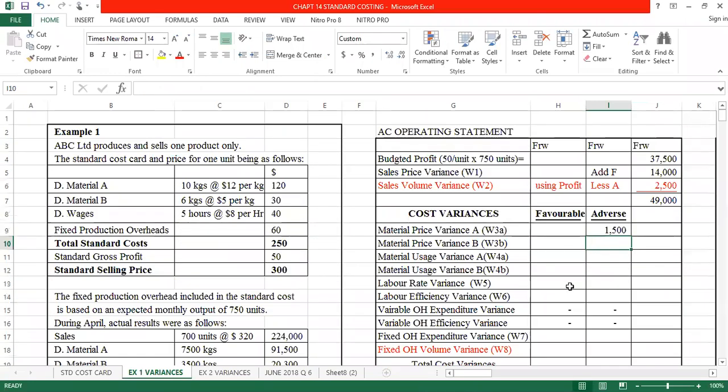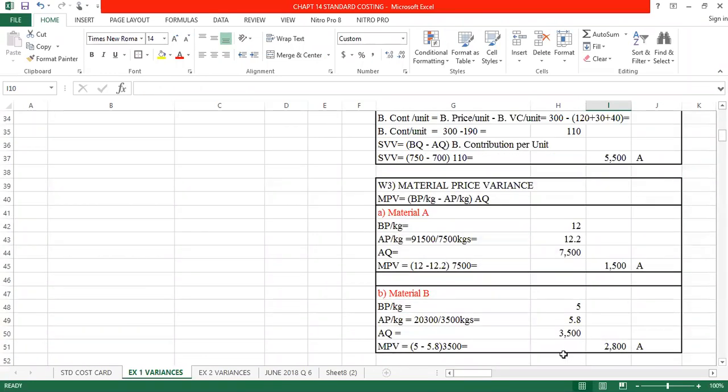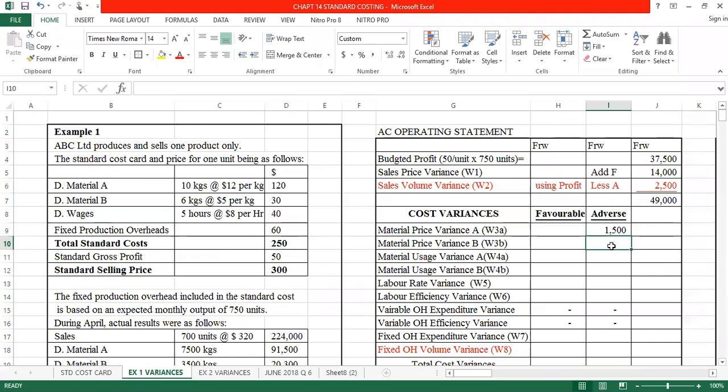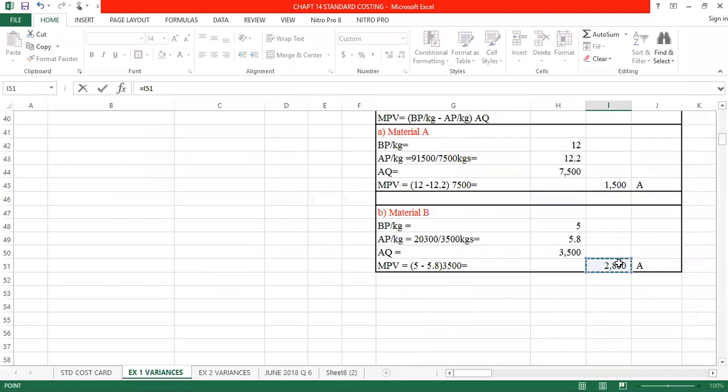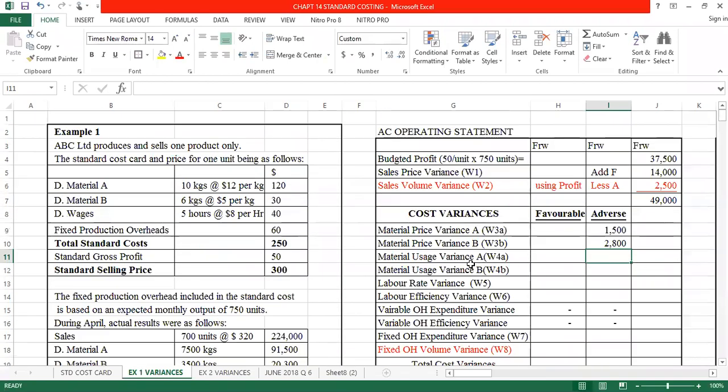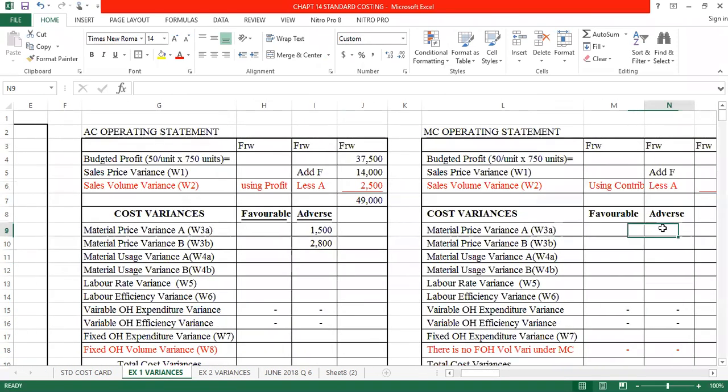For B it is also adverse, 2,800. So we are done with material price. The same can be repeated there because there is no difference.